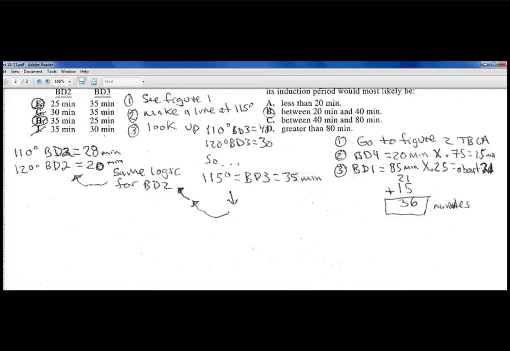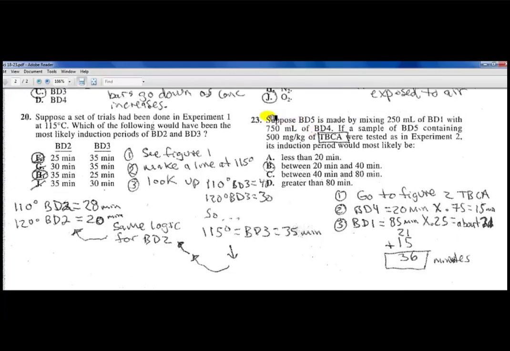20 minutes times 750 milliliters, or times 0.75, because 0.25 and 0.75 will give us a whole round number of the full amount. So 20 minutes times 0.75 will give us 15 minutes.